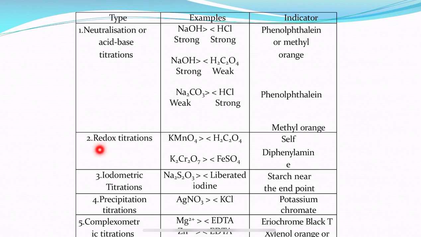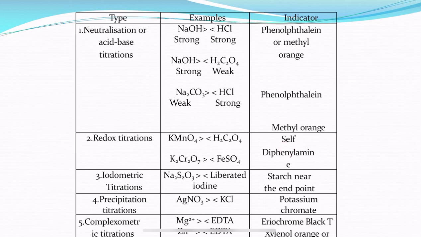And the second one is redox titration. In redox titration, an example I can give is potassium permanganate versus oxalic acid, KMnO4 versus oxalic acid, which is a very good example of redox titration. As I told, here the KMnO4 permanganate itself acts as an indicator.